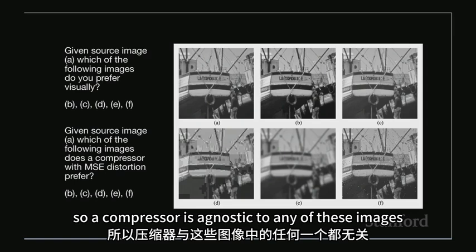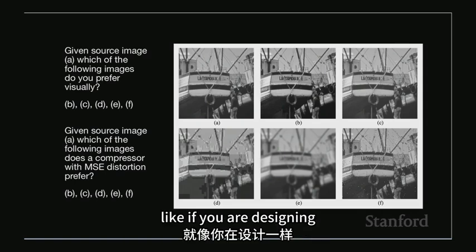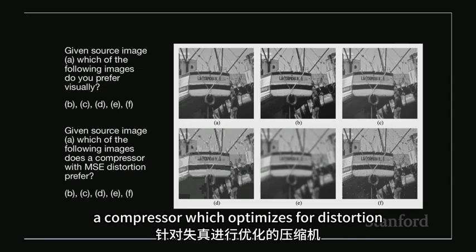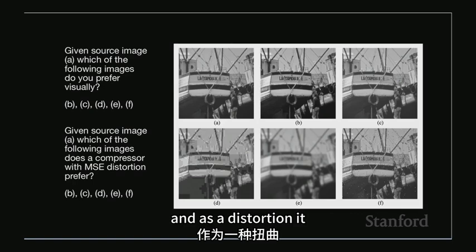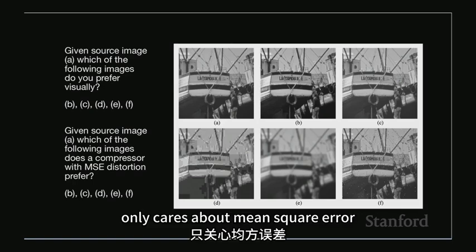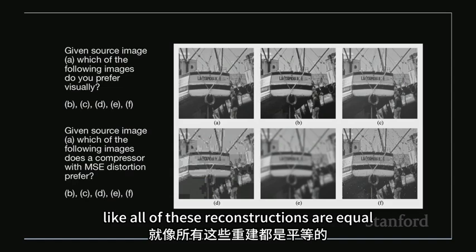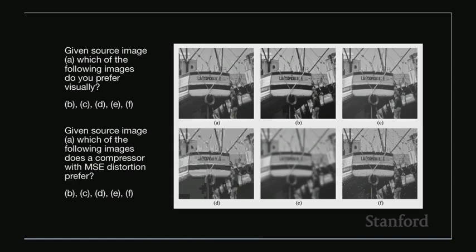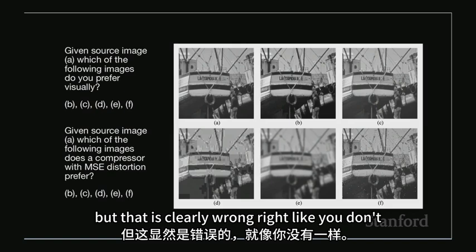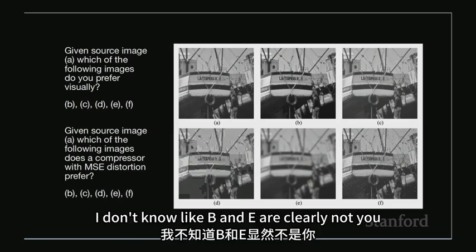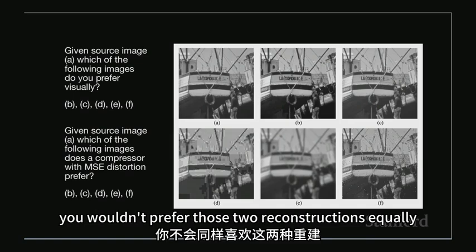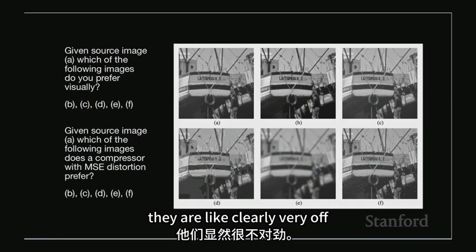So a compressor is agnostic to any of these images. If you are designing a compressor which optimizes for rate distortion, and as a distortion it only cares about mean square error, all of these reconstructions are equal. But that is clearly wrong. B and E are clearly not something you would prefer equally. They are clearly very off. You would prefer B more.